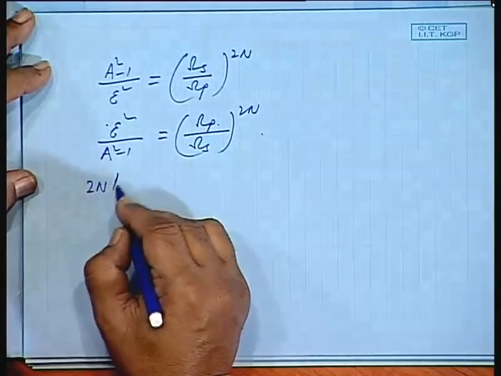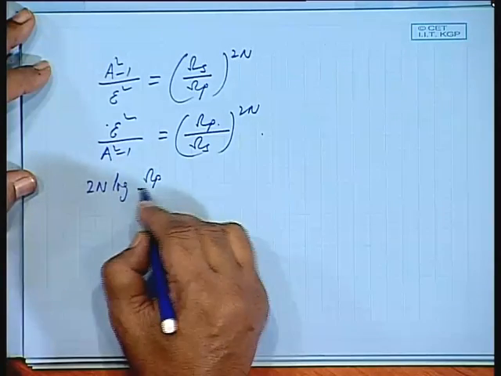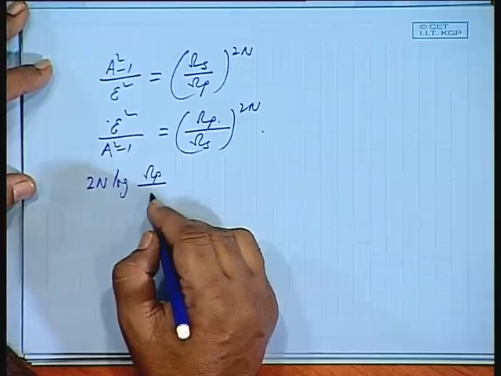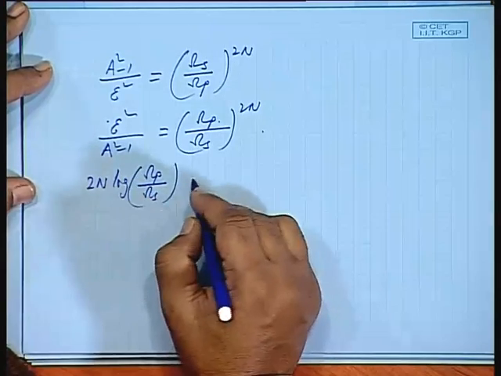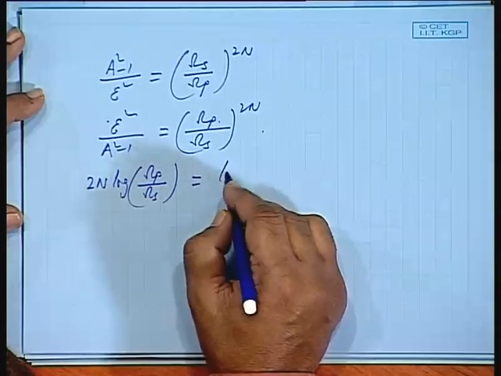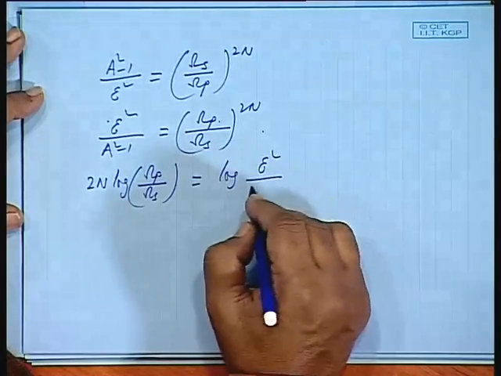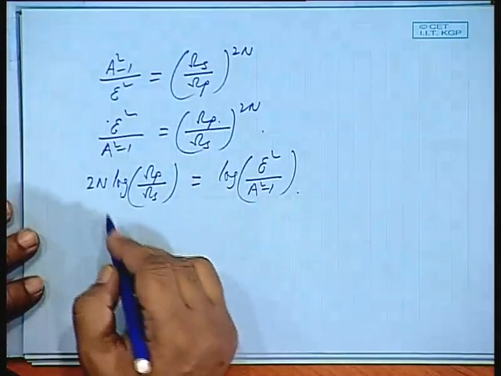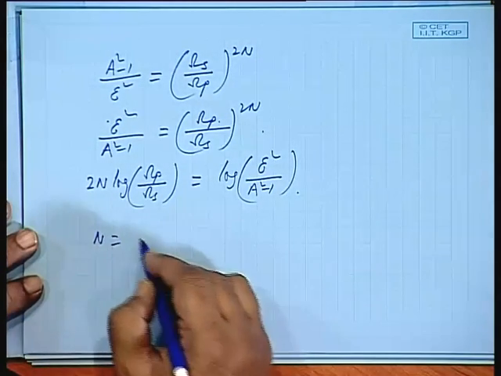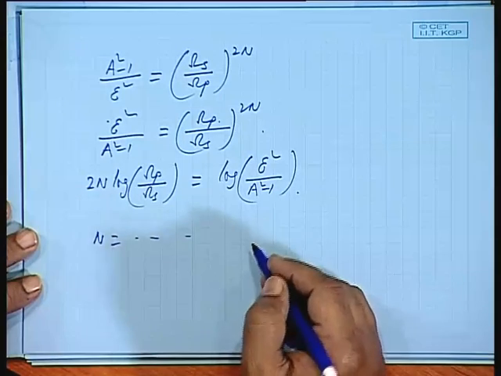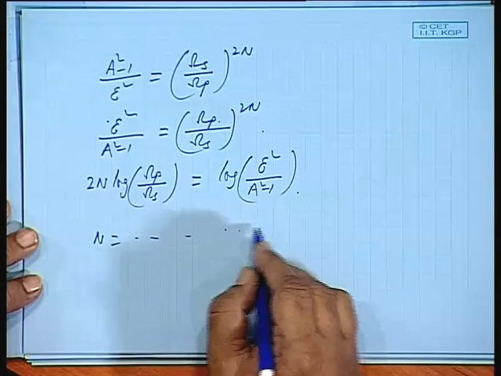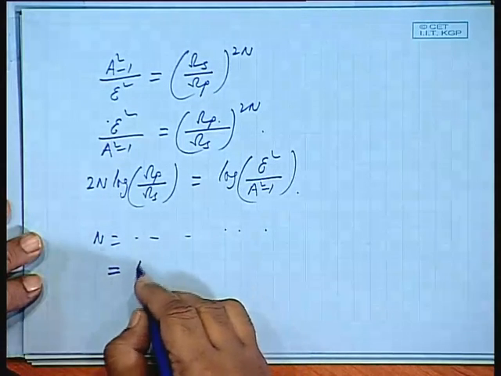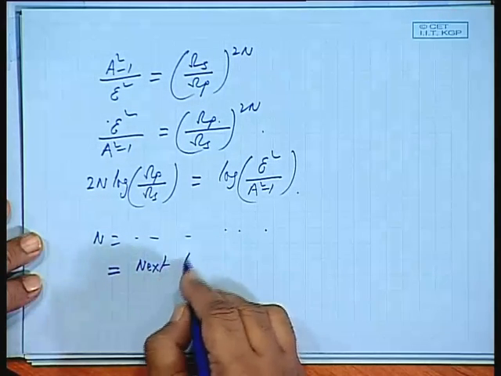So 2n log omega p by omega s is equal to log of epsilon squared by A squared minus 1. So from there you can calculate n. Whatever value you get, approximate by the next integer. So take the next higher integer.